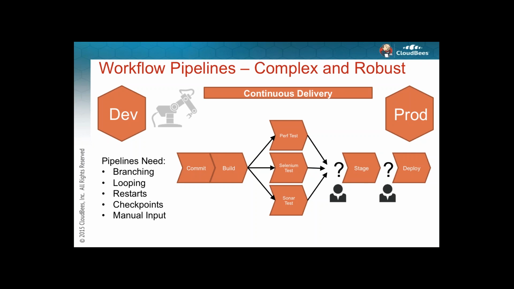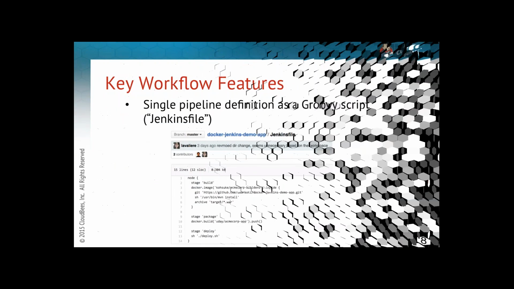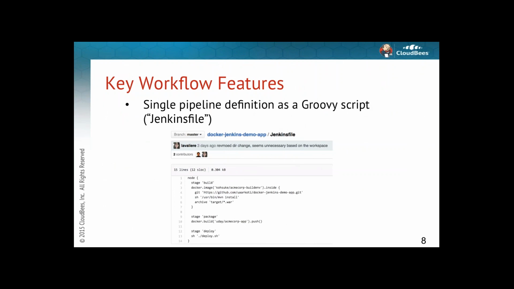It hit version 1 in November of last year, and the adoption has been through the roof since then. And so the idea is that workflow allows Jenkins developers to create pipelines programmatically. The advantage of this, of course, is that these scripts, these workflow definitions, can be defined in a version control system and loaded into Jenkins.